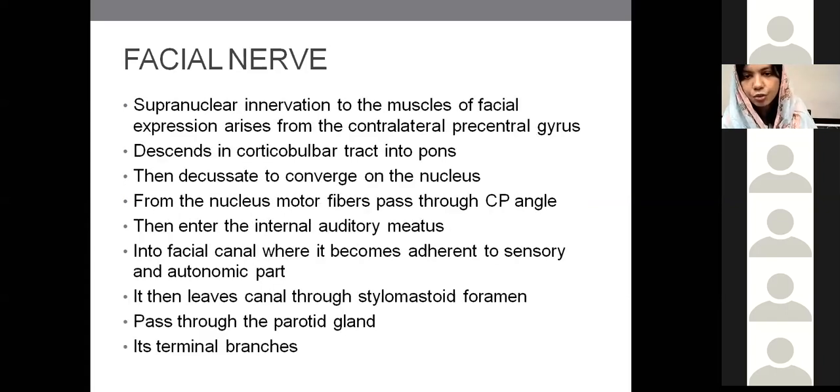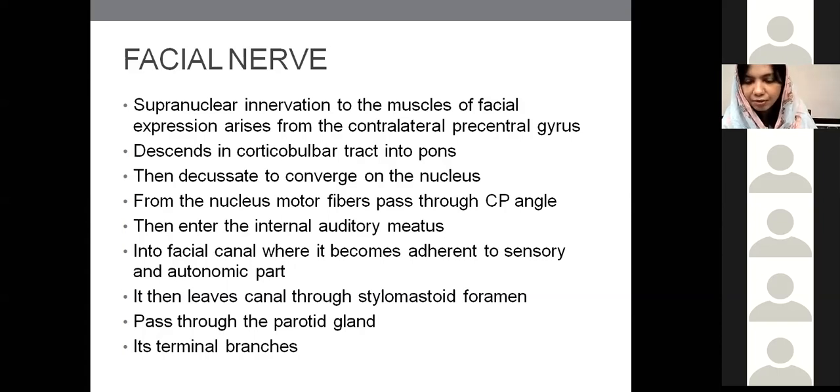Supranuclear innervation to the muscles of facial expression arises from the contralateral precentral gyrus. Then the fibers descend in the corticobulbar tract into the pons, where the nucleus is located. Decussate to converge on the nucleus, right? From the nucleus, the motor fibers pass through the CP angle, the cerebellopontine angle, then enter the internal auditory meatus into the facial canal where it becomes adherent to the sensory and autonomic part.